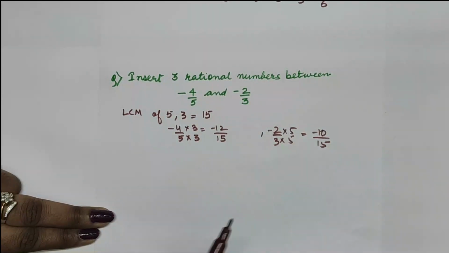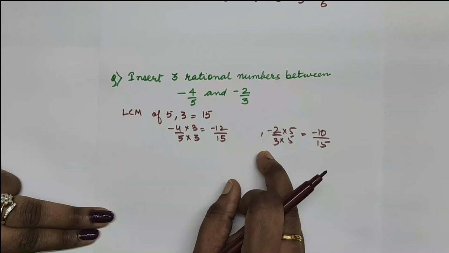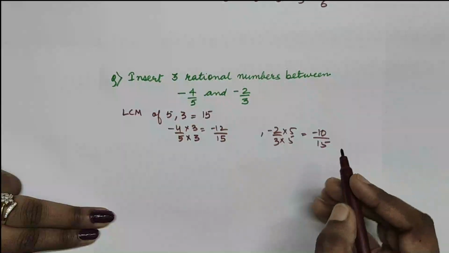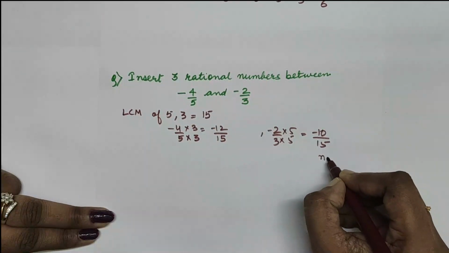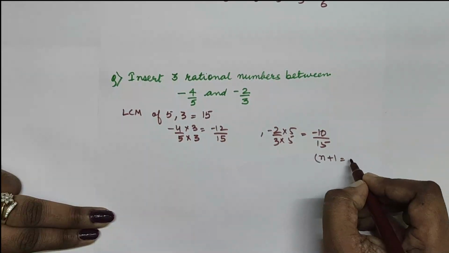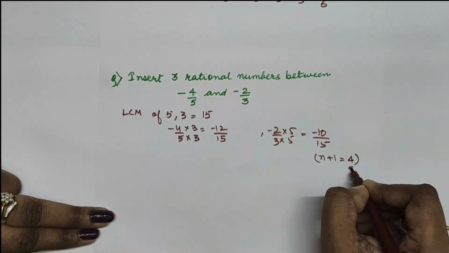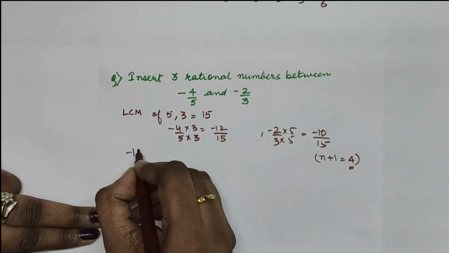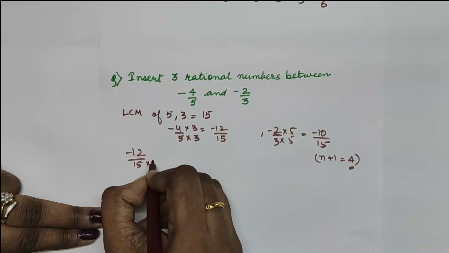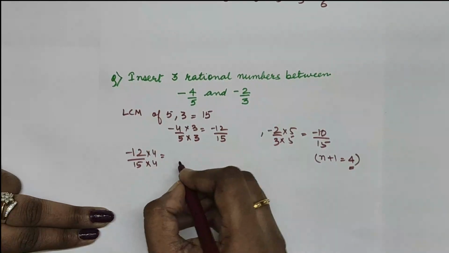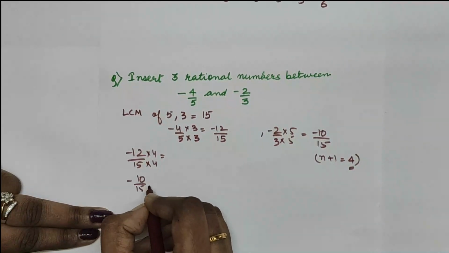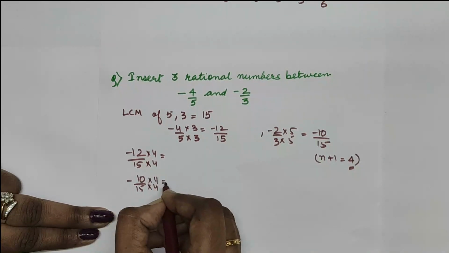Now in between them there is only one rational number, as you can see, that is -11/15, but I need 3 rational numbers. So according to the rule, n plus 1, that is 3 plus 1, I multiply by 4. So -12/15 times 4 and -10/15 times 4.